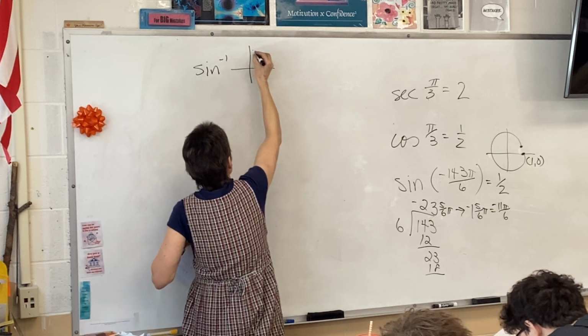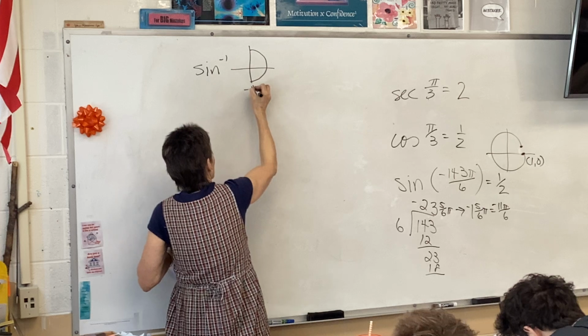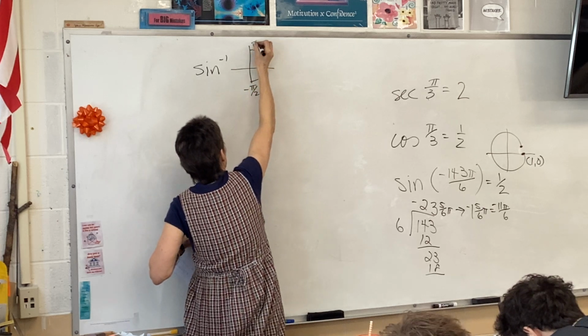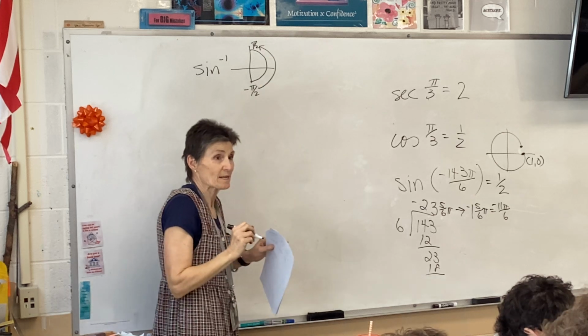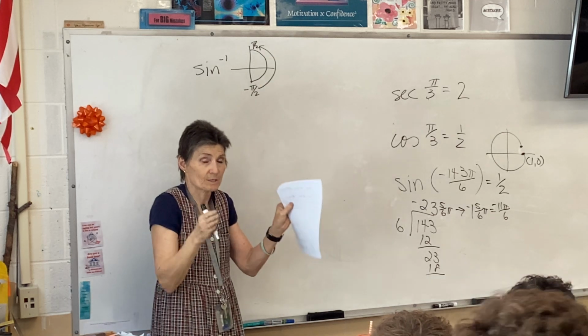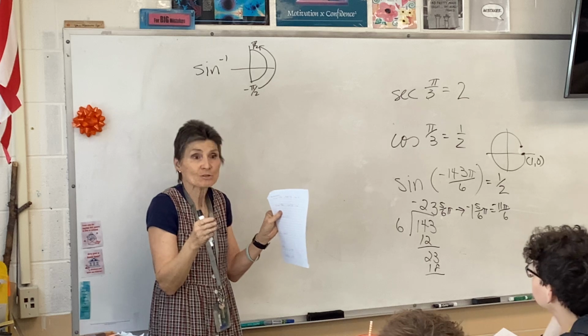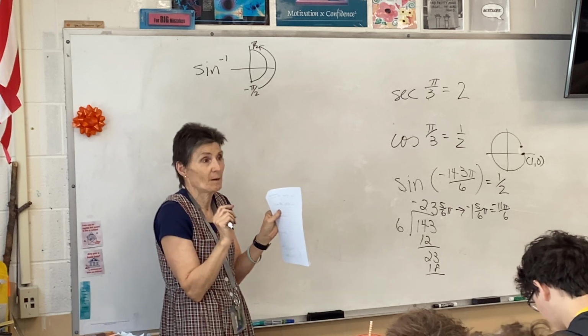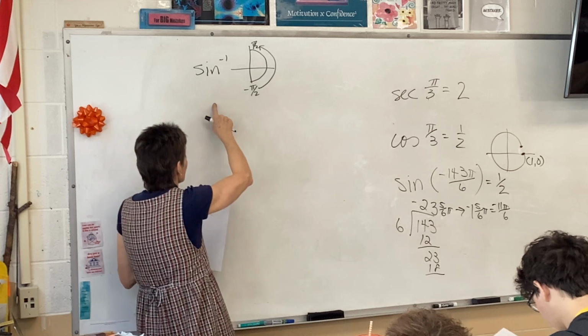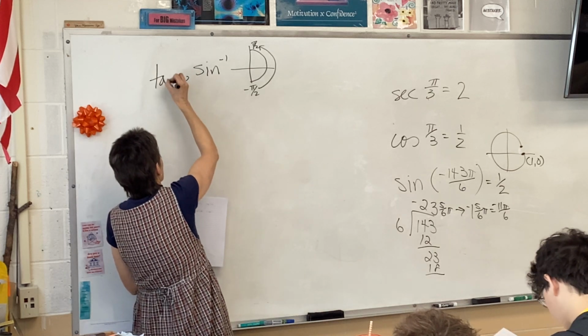Inverse sine is negative pi over 2 to positive pi over 2. No, that's our range of answers. Any answer you give me has to be between negative pi over 2 and positive pi over 2. That is also the case for the inverse tangent.